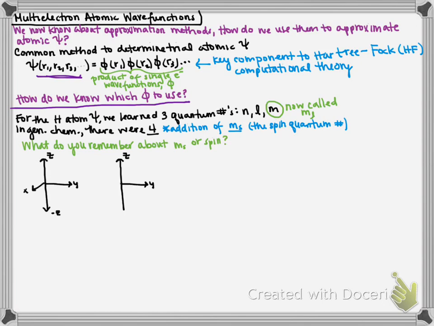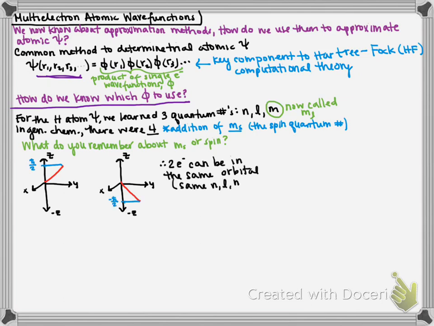All right. So m sub s, or spin, technically m sub s, just like m sub l, represents a projection, except where m sub l represented a projection of where the electron was onto the x and y axes. Remember, it was the projection onto the y-axis minus the projection onto the x-axis that gave us our m, or m sub l. Here we're thinking about the projection of where our electron is. The red line here, that end of that red line represents where the electron is from the origin, so that'd be our r.